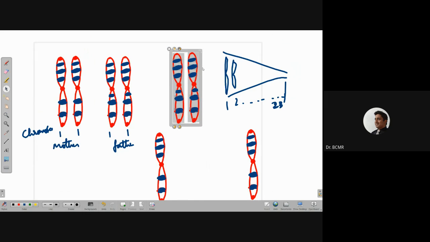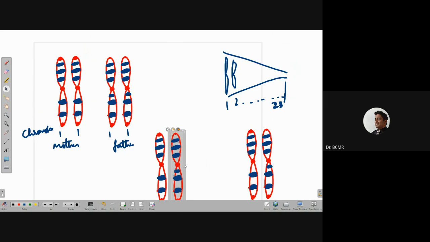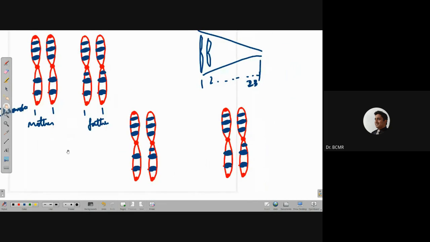So what may happen here is that if we look at one set, one chromosome will come from the father, and the other one will come from the mother. And you see that the offspring, the zygote that has formed now, is heterozygous. These both are heterozygous.